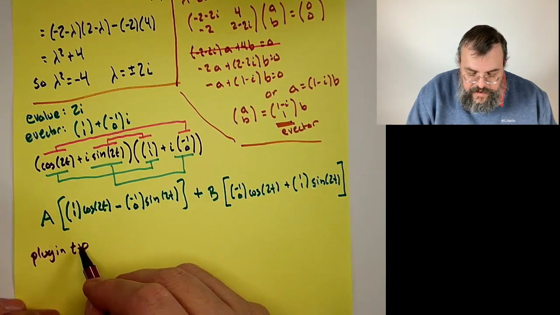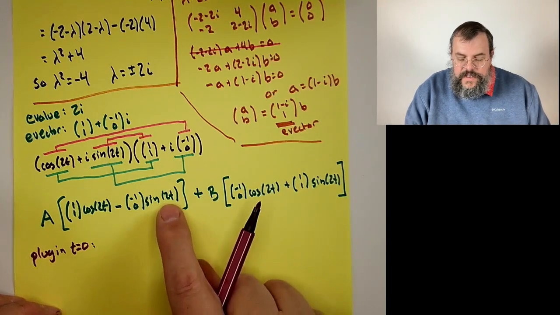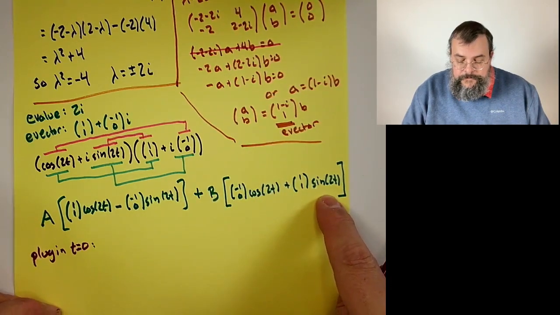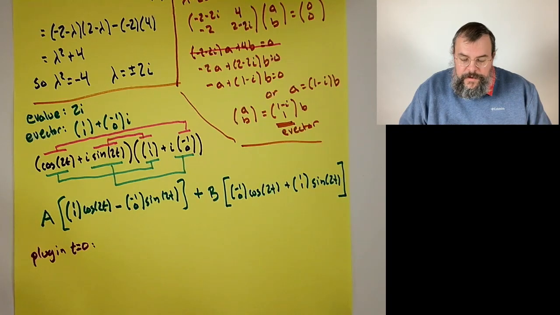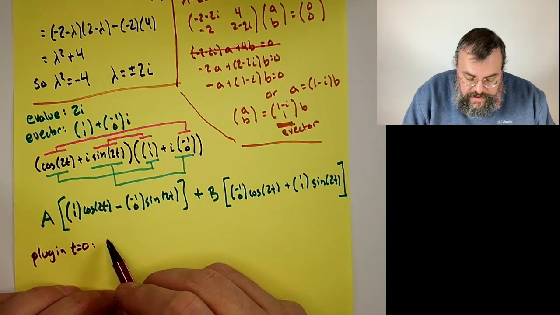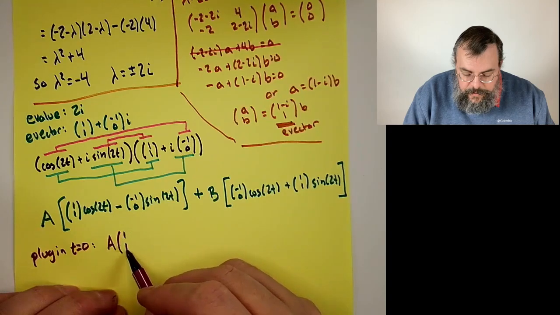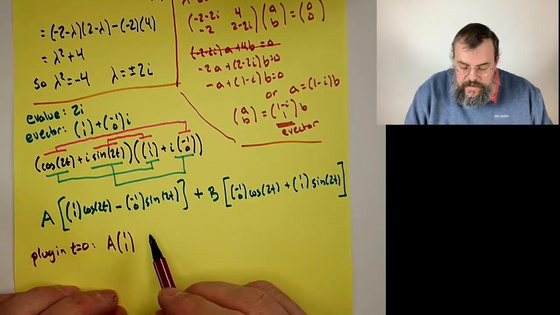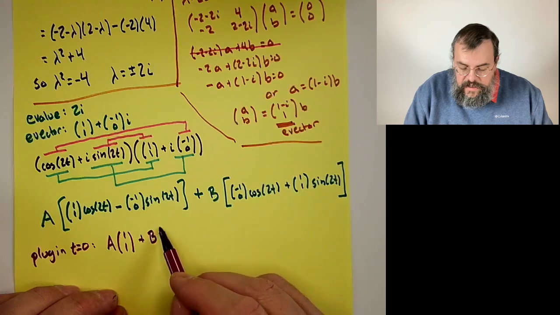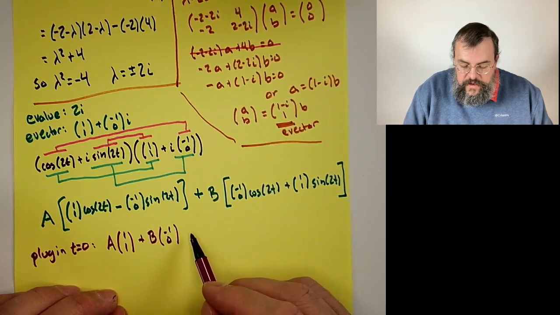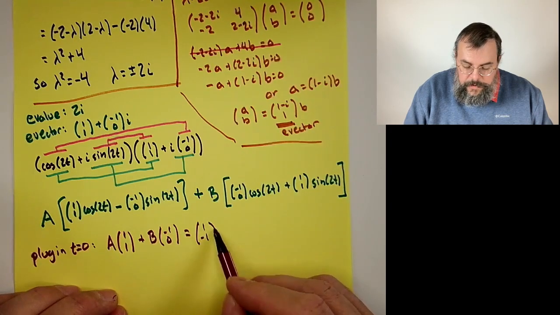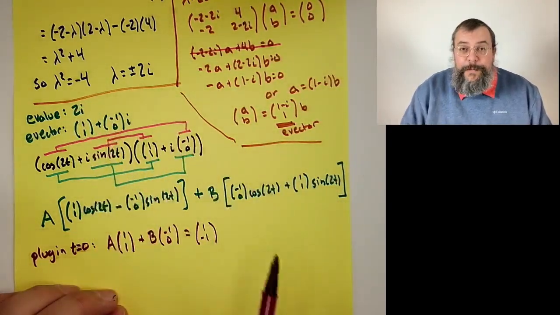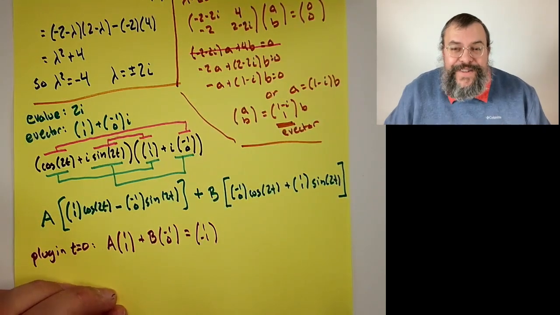Plug in t equals 0. And what'll happen? Well, sine goes away. Well, okay, that happens a lot of the time when we're dealing with these things. No worries. And so what we have is a times (1, 1), and we have b times (-1, 0). Or if you like, that's really (1, -1). So I'm just copying from the top of the page. You can't see it right now, but I promise you it's still there.